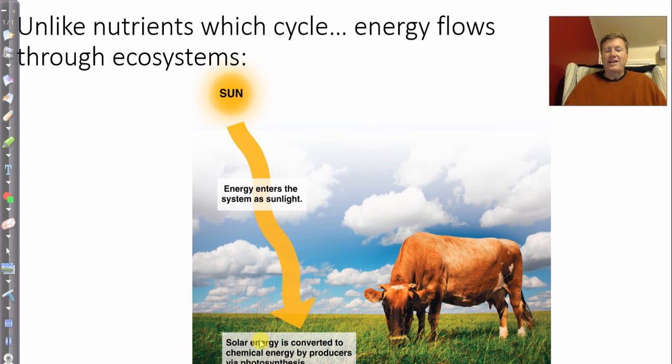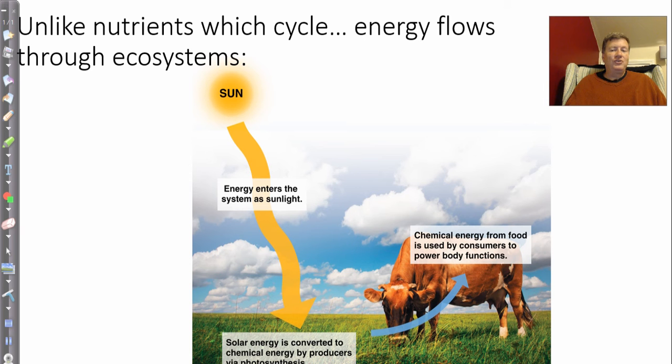Okay, that solar energy is going to be converted to a chemical form by producers, by photosynthesis. Anything that's green that has chlorophyll can process the sun's energy and make it into chemical forms. That's going to then move into animals, into consumers, which is going to be converting the energy from that chemical form into other chemical forms that animals can use.